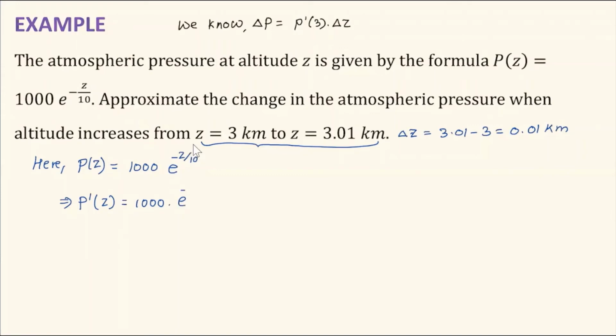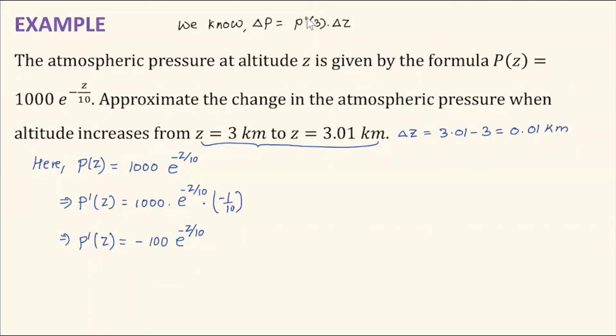So e raised to negative z over 10 multiplied by the derivative of the inside function. The derivative of negative z over 10 is negative 1 over 10. So the derivative of the pressure is equal to 1000 multiplied by negative 1 over 10, which is negative 100, multiplied by e raised to negative z over 10. So that is the derivative of the pressure function.